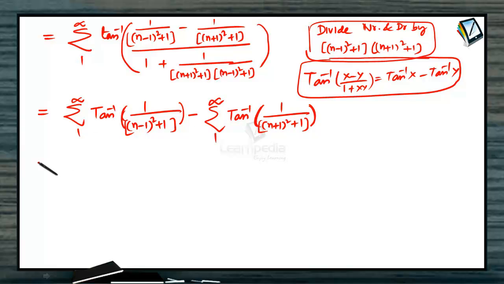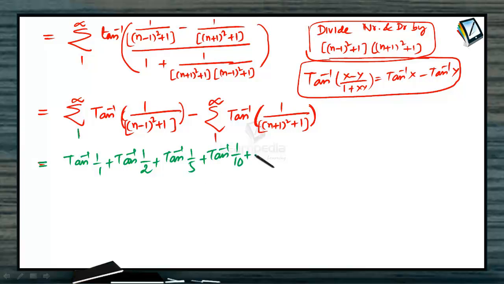Now if I go for the values from 1 to infinity, this takes the form of tan inverse of 1 by 1 plus tan inverse of 1 by 2 plus tan inverse of 1 by 5 plus tan inverse of 1 by 10 and so on, minus, when I take values here, tan inverse of 1 by 5 plus tan inverse of 1 by 10 plus so on, up to infinity.